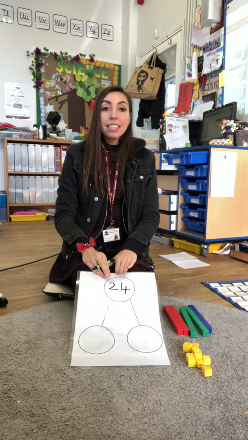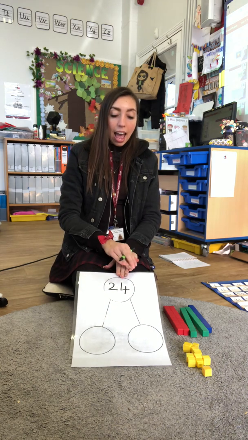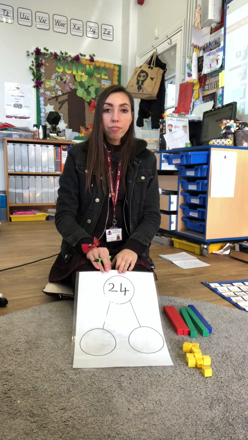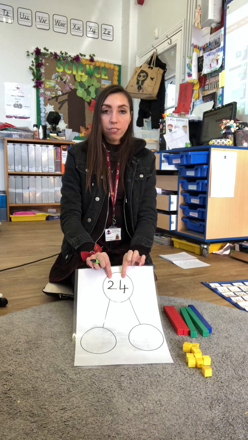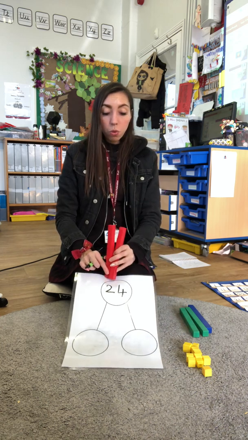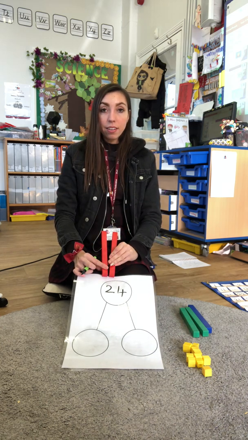So that's 24. Now I want to separate it into tens and ones, okay? So I know that this is 20 and this is 4. So this is a 2, but the 2 represents 2 lots of 10, yes?